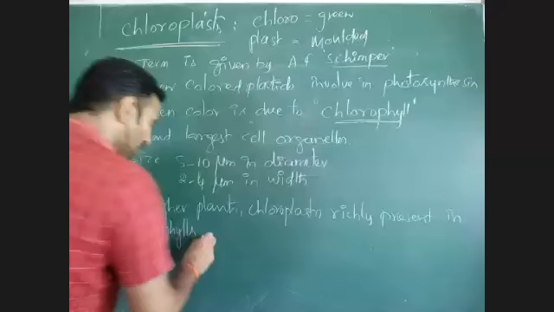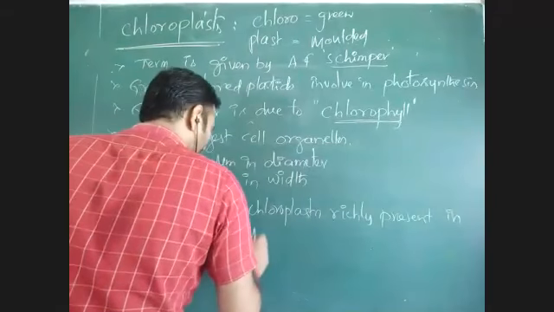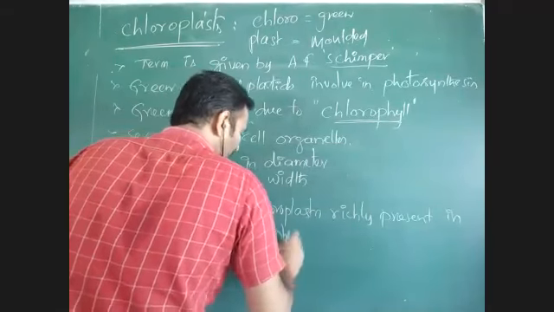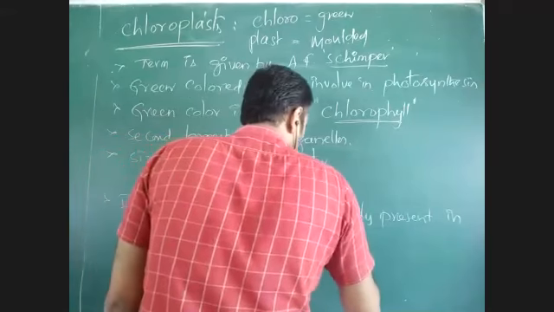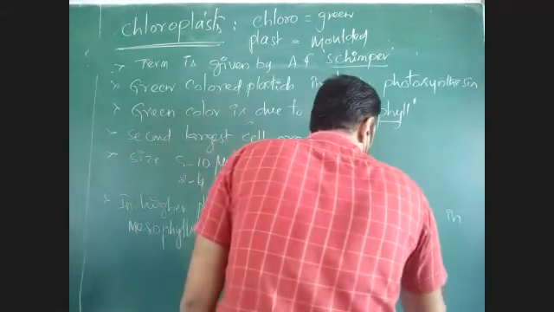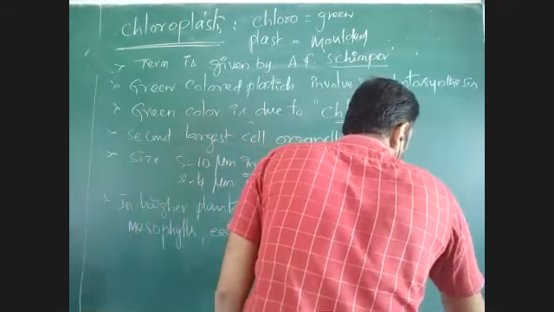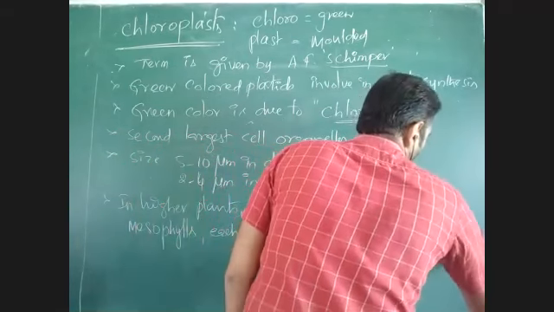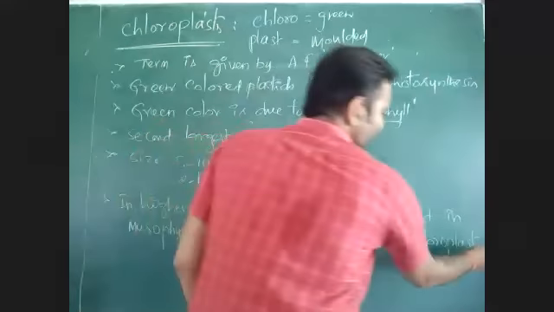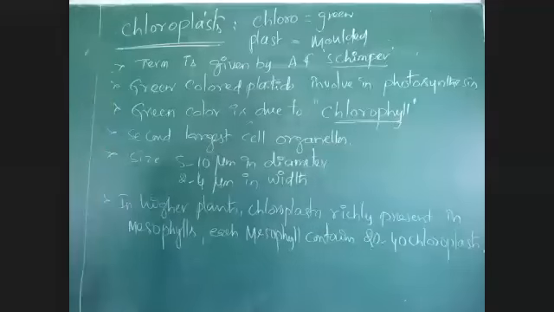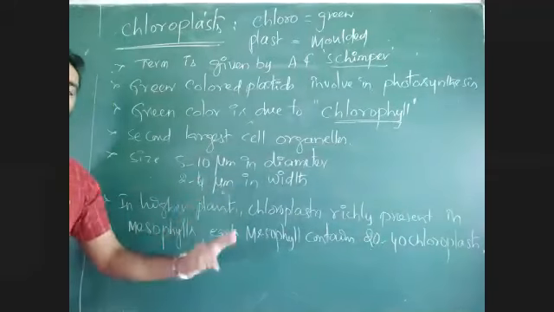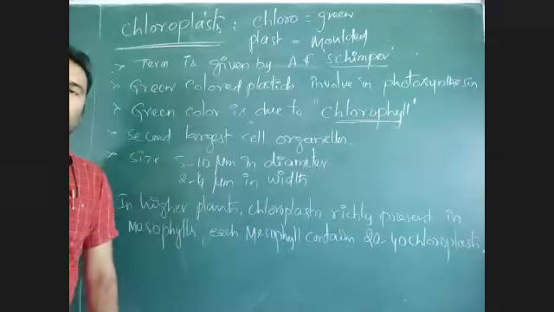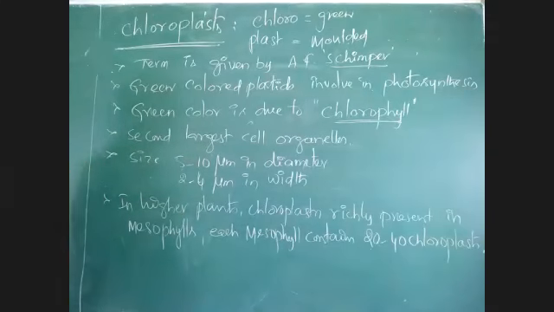And each mesophyll cell contains 20 to 40 chloroplasts. Simply, in higher plants, chloroplast-containing cells are called mesophylls. They are present in leaves.